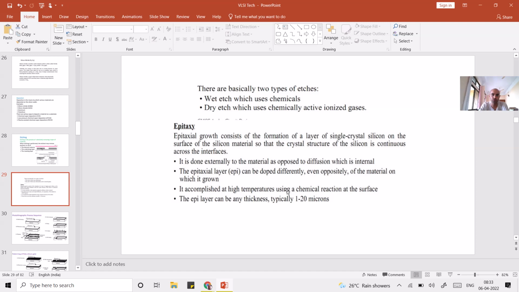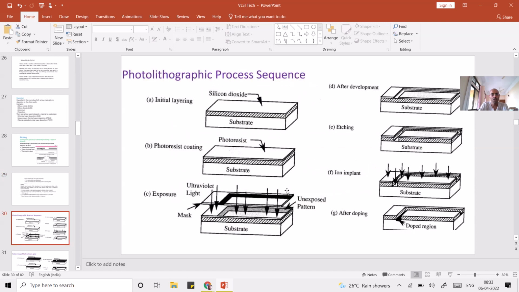If you can't remove them, then you use a top layer over it, so that in that layer the defects will be very few. That is the purpose. The methods to grow this epitaxial layer are the same.